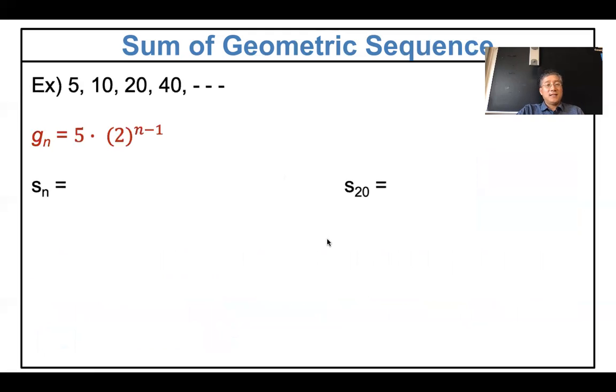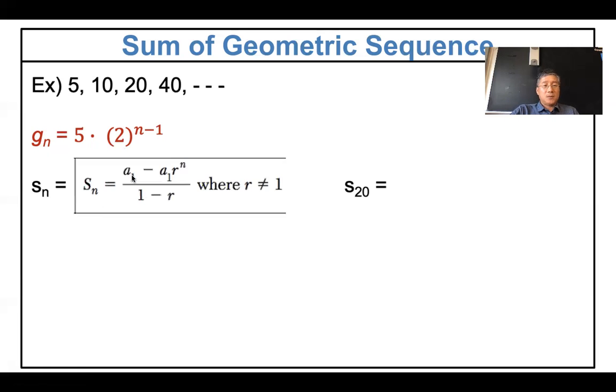So let's try. We found the explicit formula is 5, the first term, times the common ratio 2 to the n minus 1 power. Remember, when you have two numbers multiplied, separate with parentheses so that the calculator will not be confused. And what is the sum formula?